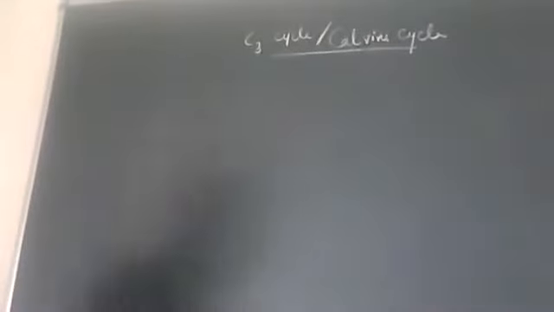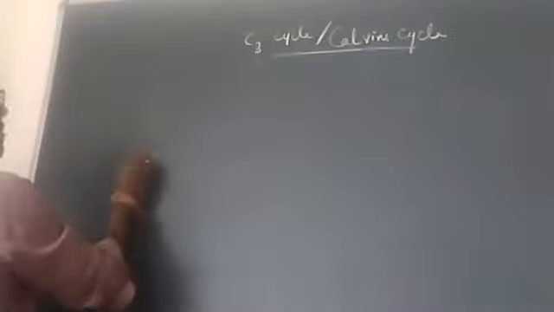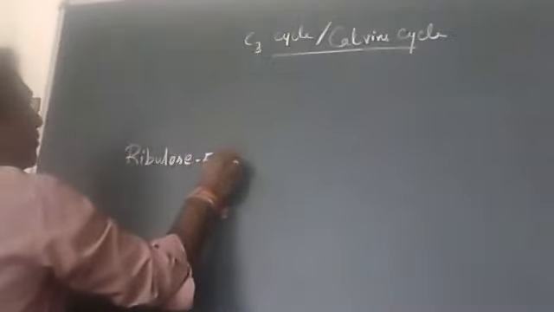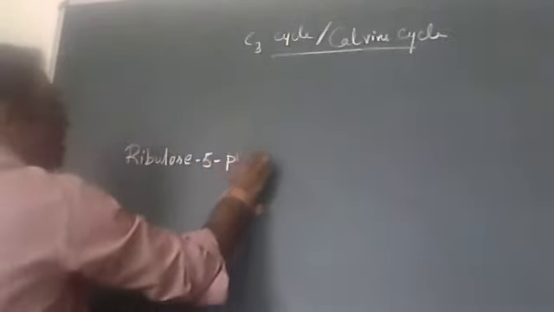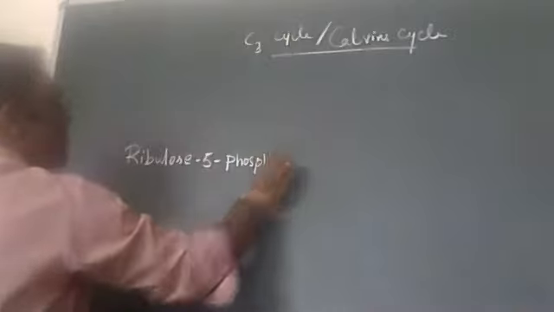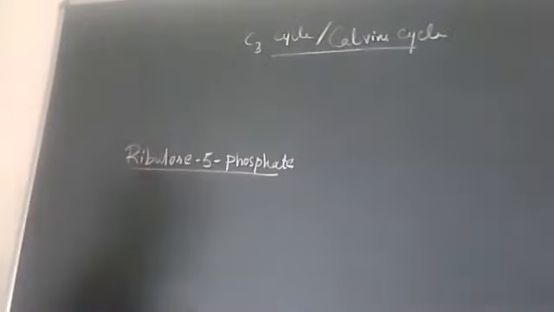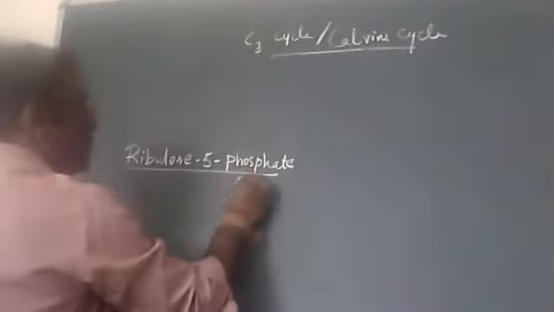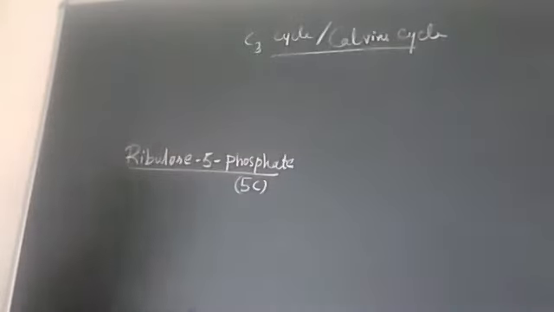Now, it starts from ribulose 5-phosphate. Ribulose 5-phosphate is a 5-carbon compound. Right? Ribulose 5-phosphate comes from where?